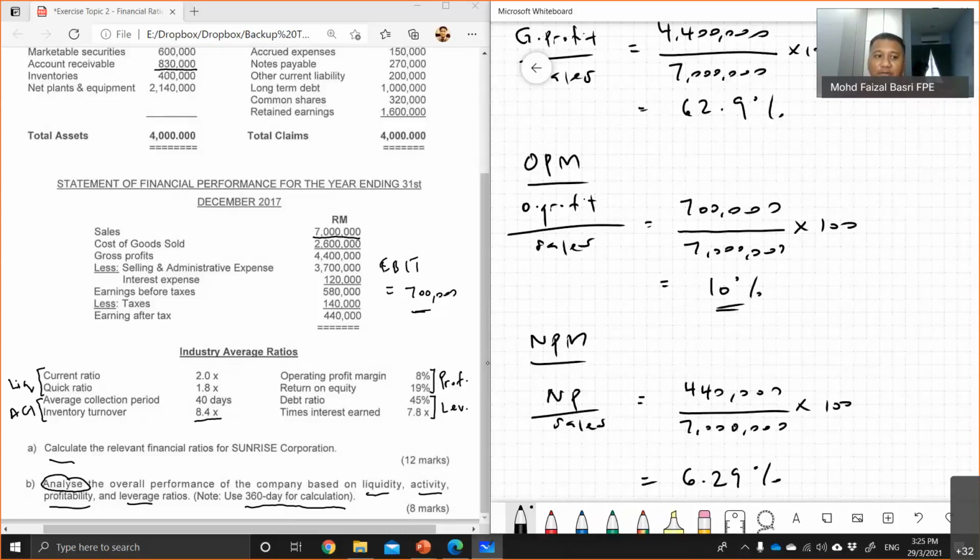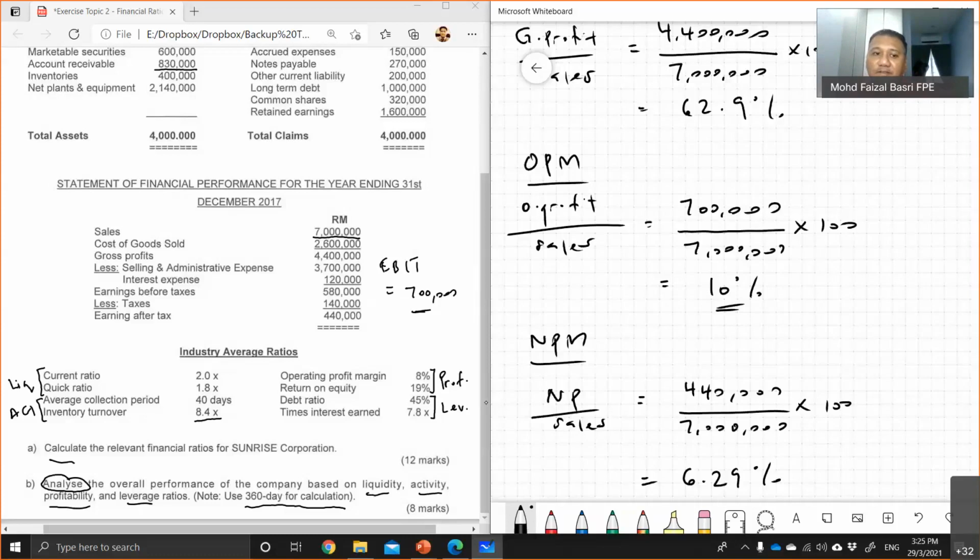Right. Again, if you recall, so far what we've done from the liquidity, the activity, and even the leverage, everything indicates that the Sunrise Corporation is weaker or poorer as compared to the industry average. They had lower liquidity ratios, they had poor activity ratios, and they had poor debt ratios, in fact, the leverage.